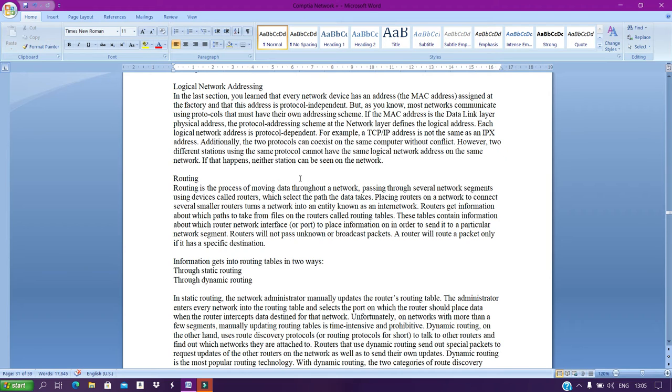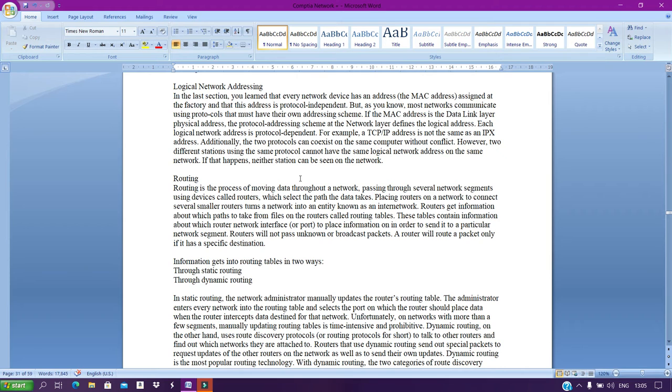Additionally, the two protocols can coexist on the same computer without conflict. However, two different stations using the same protocol cannot have the same logical network address on the same network. If that happens, neither station can be seen on the network.